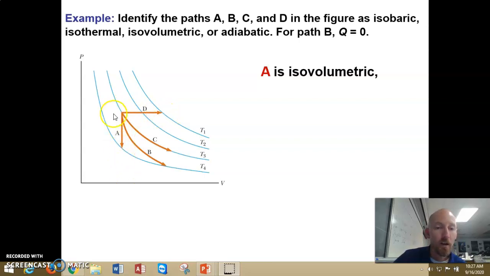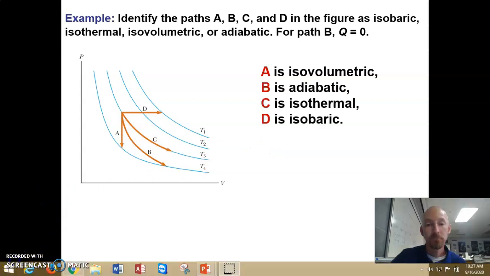This horizontal line D will be your isobaric process because pressure doesn't change. The other two are always a little bit harder. This one, C, ought to be your isotherm, and then B ought to be adiabatic. And so that's what should happen. And there you go. B is adiabatic because it ends up at a lower temp than your isotherm does.